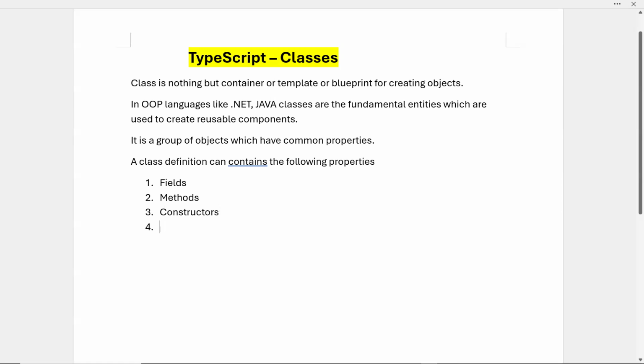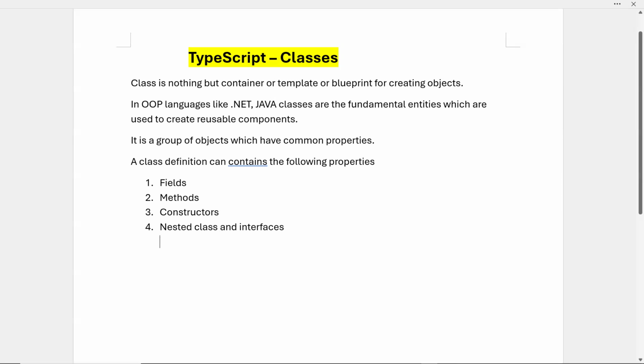Third thing is constructors, which we use for initializing the object in memory. And sometimes we may have nested classes and interfaces, which means a class can contain another class. These are the main components inside of a class in TypeScript.